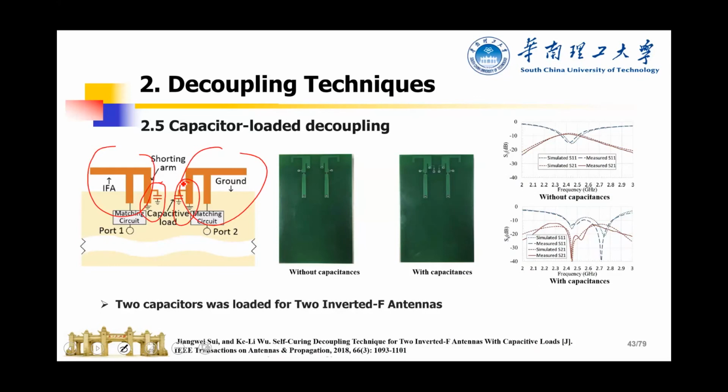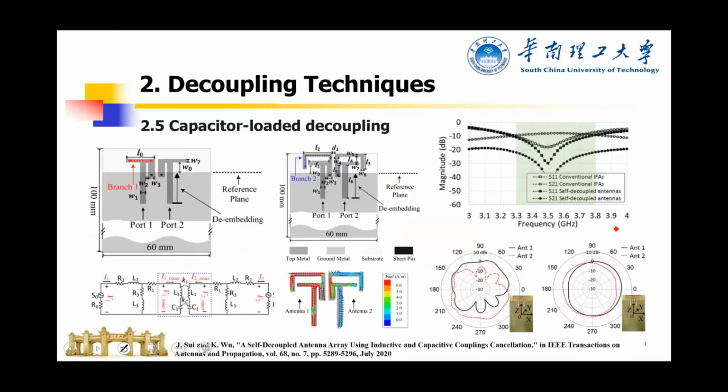Because this capacitor proposes another coupling path, it can cancel or neutralize the original coupling path. So how to get a good decoupling and a good isolation.